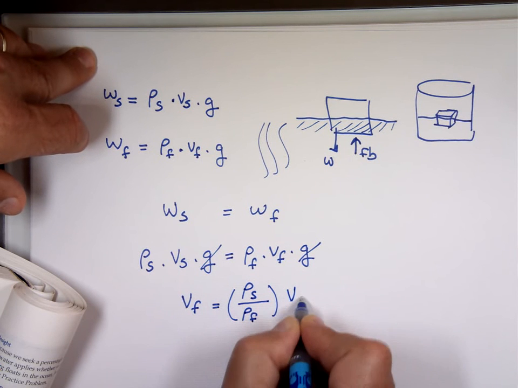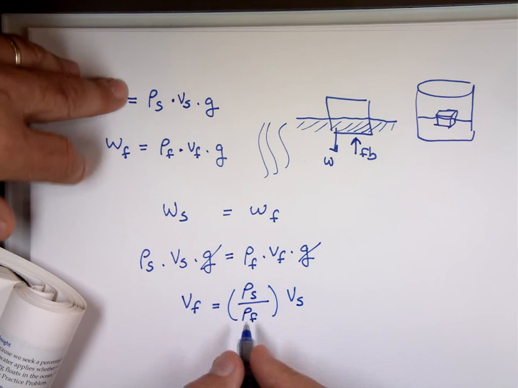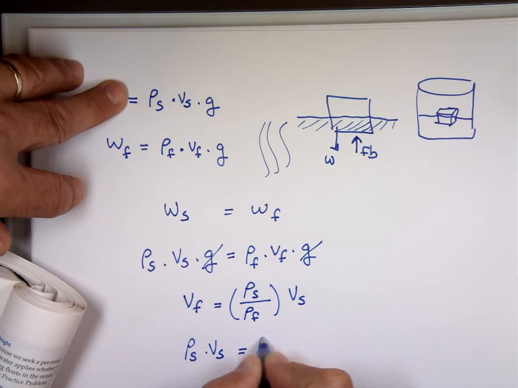I can tell you the relationship between the two volumes. Or rho of the submerged times the volume of the submerged equals rho of the fluid times the volume of the fluid. That's the same equation, by the way. It looks different, but it's the same equation for both.